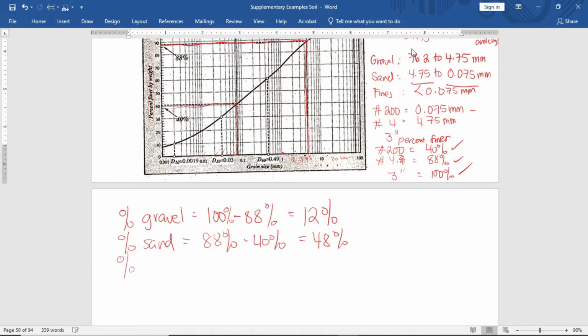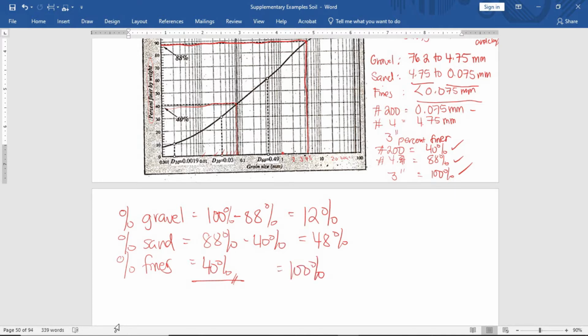And next is percentage ng finer ng fines. So, percentage ng fines natin is lesser than 0.075, so 40%. So, yun na yung total natin. Pag na-total yan, is equal to 100%.